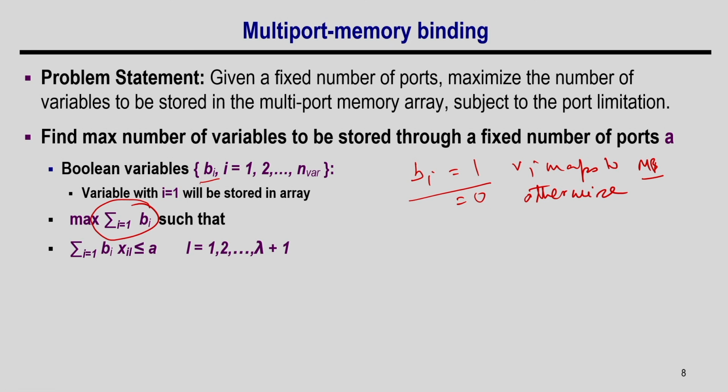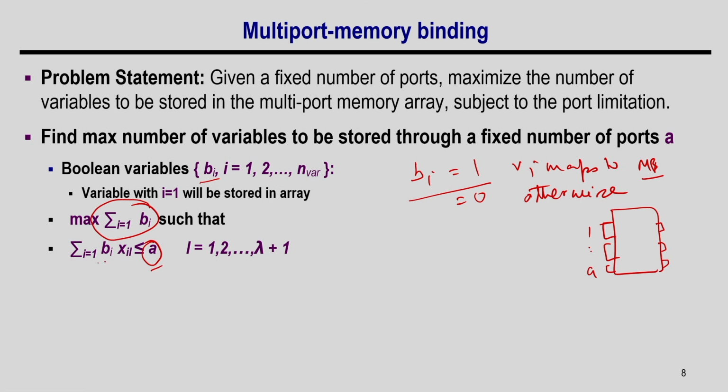And what is the constraint? It is already known to us that the number of accesses to the variables should be limited by the number of ports available. So, I assume that I have a memory bank which has a ports, and I want to map the maximum number of variables such that at each time step the number of variables accessed from this particular memory bank is less than or equal to a. How can I write that?